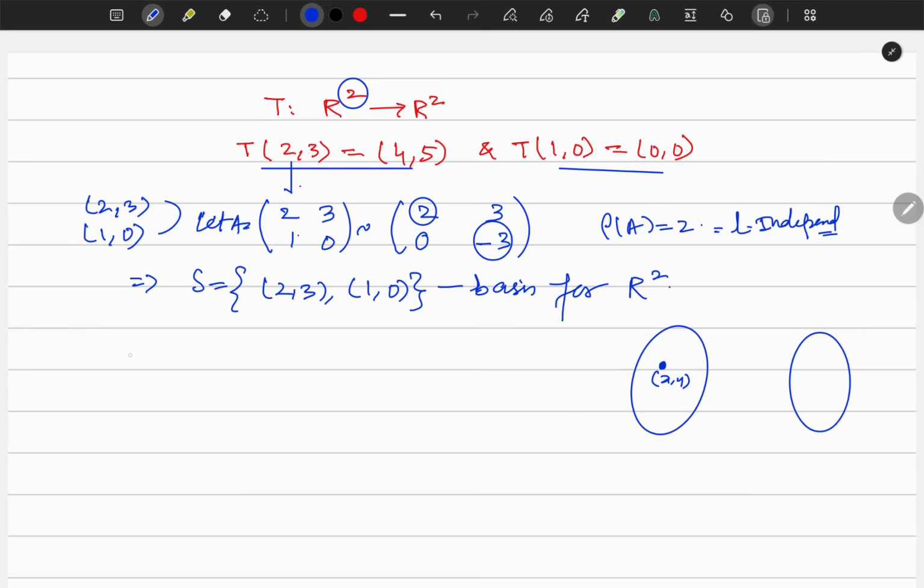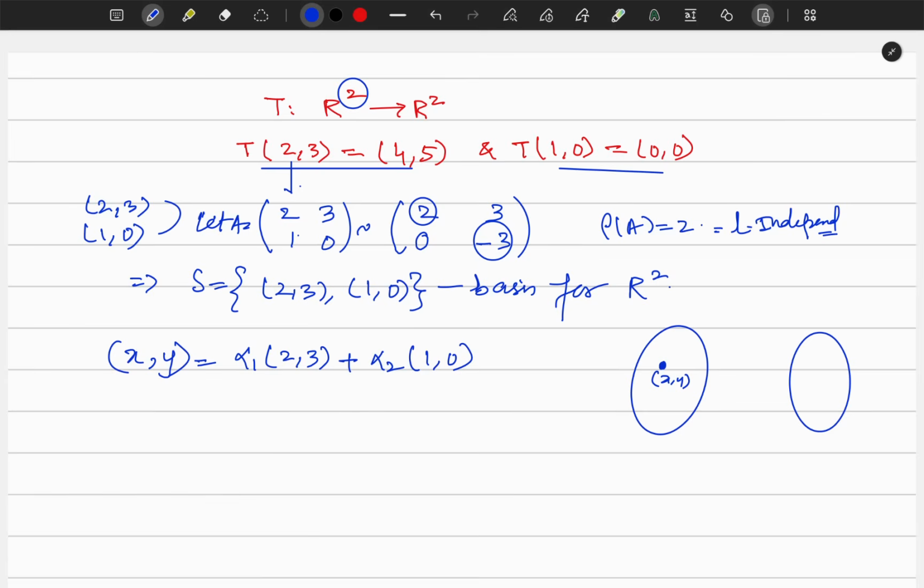Any vector in R2 is a linear combination of these vectors, that is alpha 1 (2 comma 3) plus alpha 2 (1 comma 0). Okay, so this is the procedure, because you have to check 2 comma 3, 1 comma 0 is a basis. If it is a basis, then every vector of R2 is a linear combination of these vectors. Okay, clear?